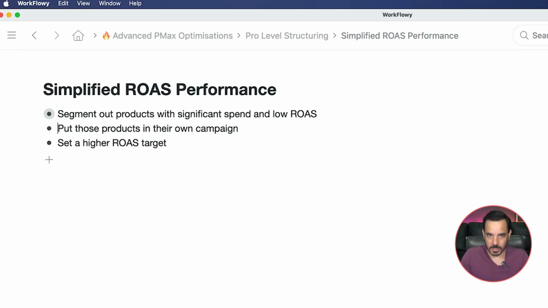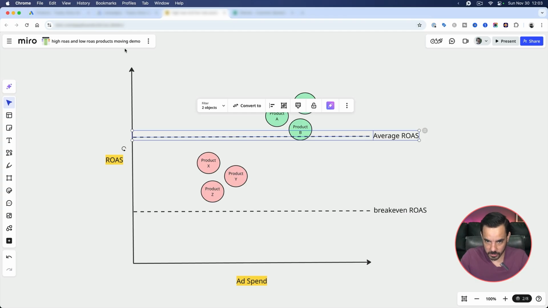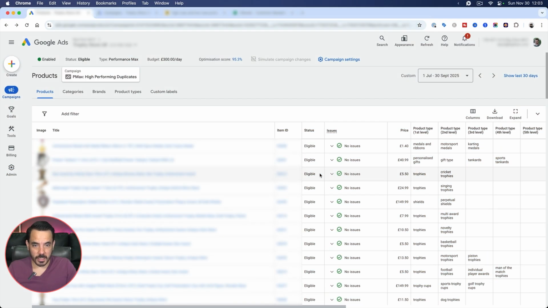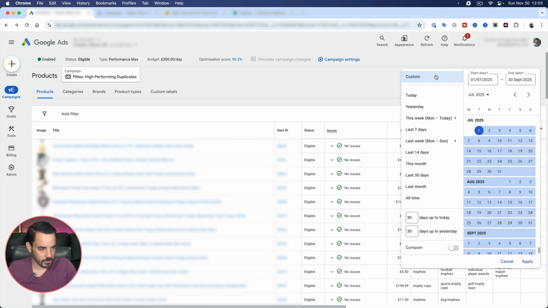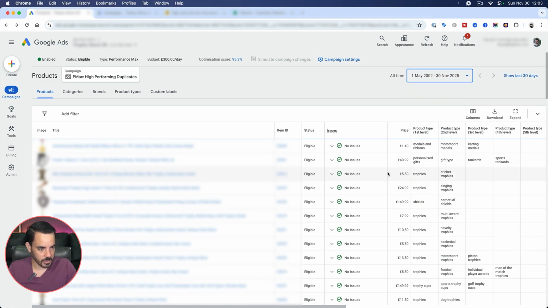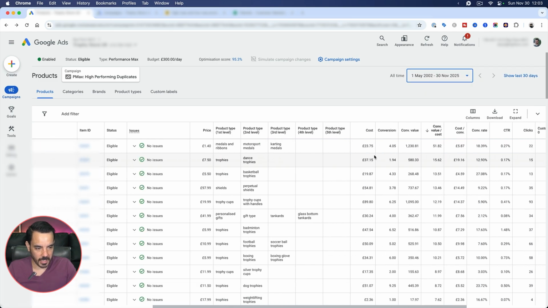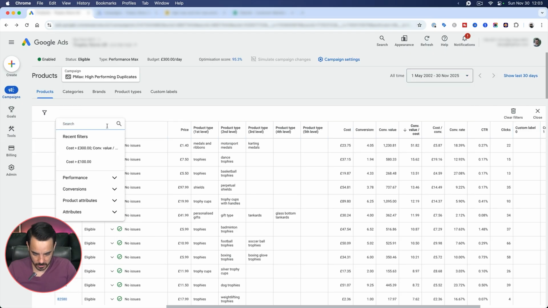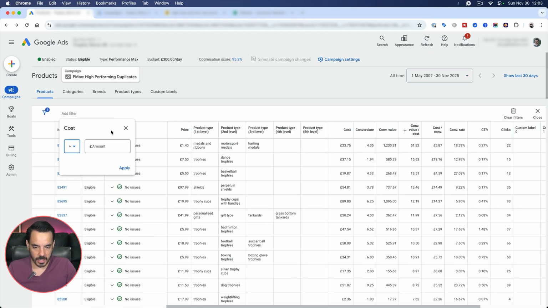This is a bit easier to visualize if I show you a real-world example. Here we are in a Performance Max campaign, and I'm going to set a really long date range. Let's look at all-time data, and then you can run a filter. We'll do a cost filter of 3 to 4x my average AOV, which for this account might be, let's say, 300.